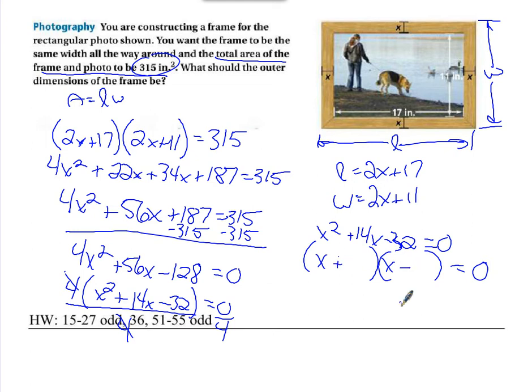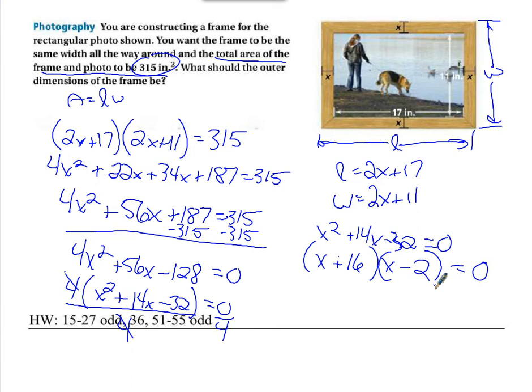Good. 8 and 4 add to be 12, and they have to have opposite signs. 16 and 2. Positive 16 and negative 2. 16 times negative 2 is negative 32. 16 plus negative 2 is positive 14. Okay, now what?